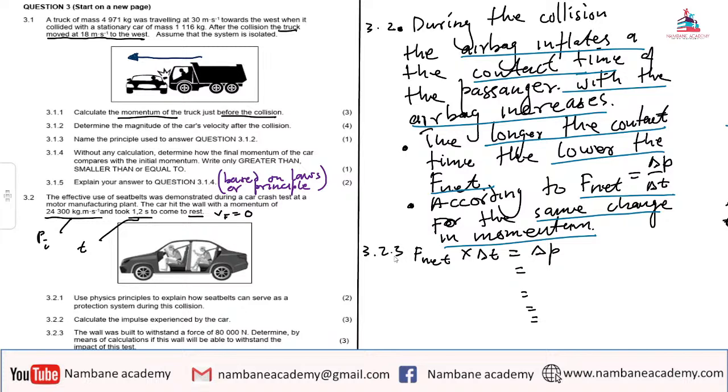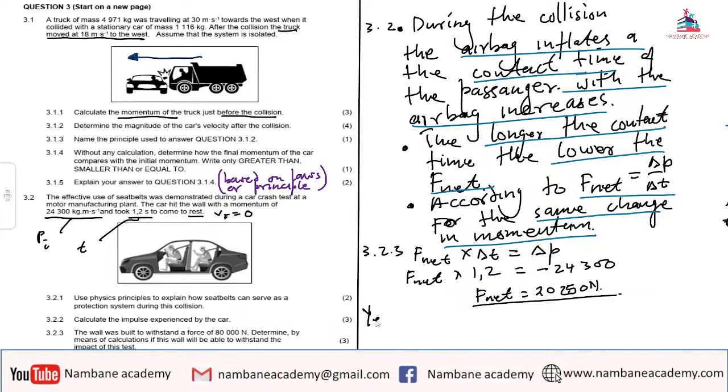The formula is still the same, ladies and gentlemen. We know that we have our answer here, which is negative 24,300. F net is what we want. Multiply by 1.2. F net, ladies and gentlemen, is equal to something like 20,250 newtons. And this, ladies and gentlemen, is less than 80,000.